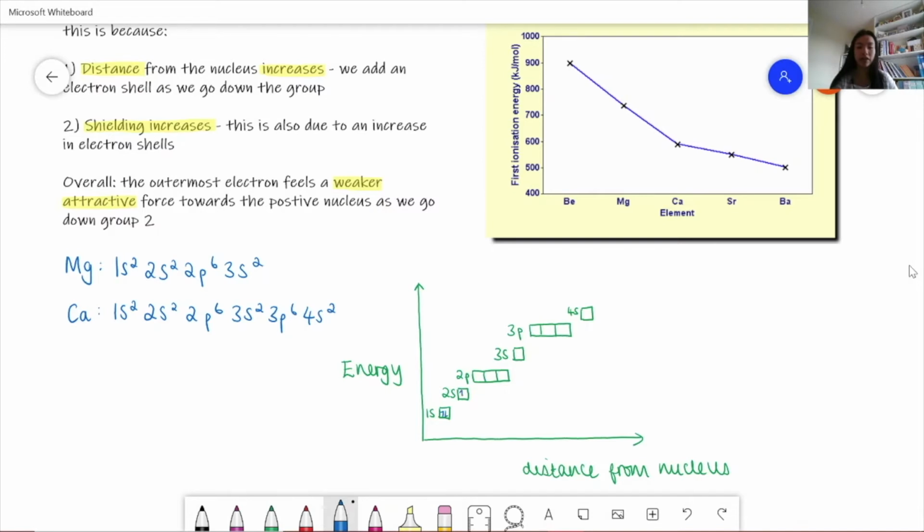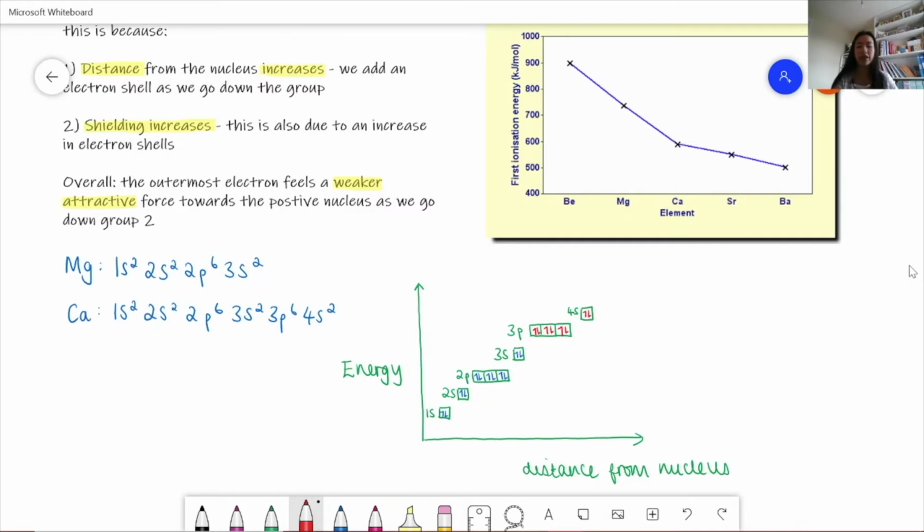So we have 2 in here and 2 in here, and then we have all of these filled out, but remember that they like to fill out individually first. And then we have 2 in this 3s box. So this is magnesium. However, if we wanted to add in all the electrons for calcium, we would have to add in these extra electrons. So we'd have 6 in the 3p subshell, and then another 2 in this 4s orbital.